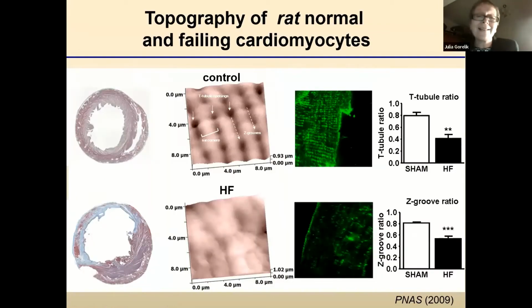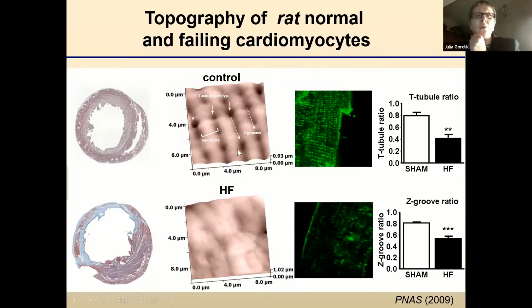We started with a comparison of normal cardiomyocytes and cardiomyocytes from a diseased heart, from rats with myocardial infarction after 16 weeks of coronary ligation. We found these cells have a very low T-tubule index, and we also introduced a new Z-groove index.